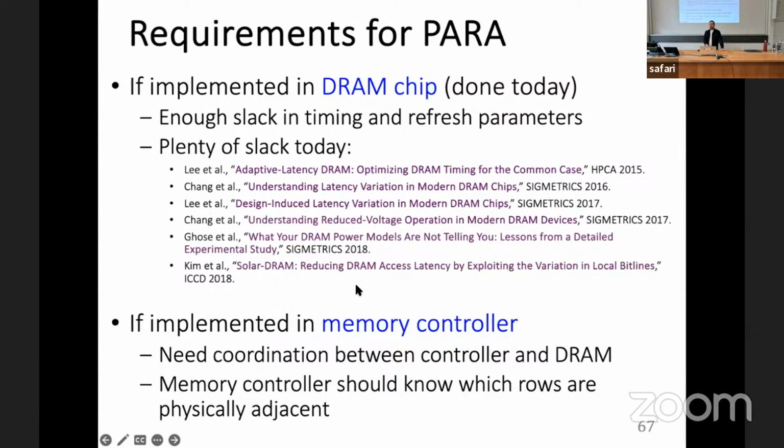If you implement PARA inside the memory controller, which was also done by Intel at some point, you essentially need some coordination between the memory controller and the DRAM chip, because you need to know which row is next to which row in the physical layout of the DRAM chip, so that once you find an aggressor row, you have an idea about what rows can be potential victim rows.